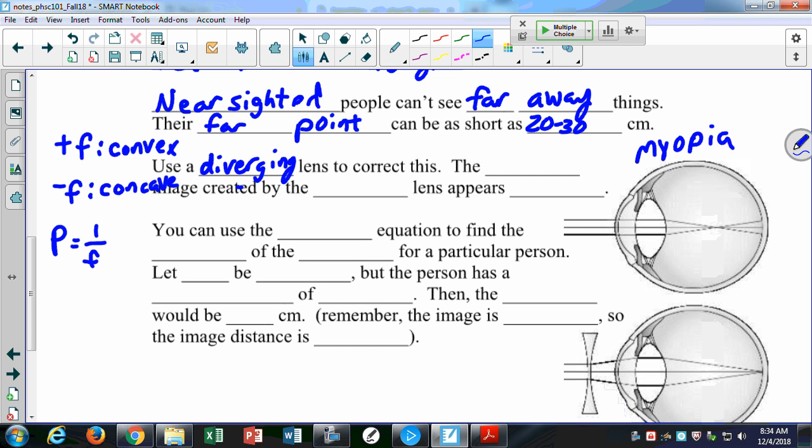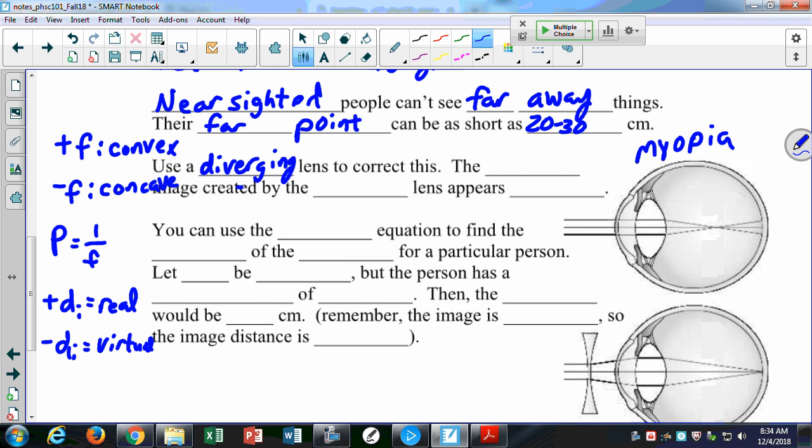In a similar way, di can be positive or negative. Plus di is a real image, and minus di is a virtual image. Plus di is real, minus di is virtual.